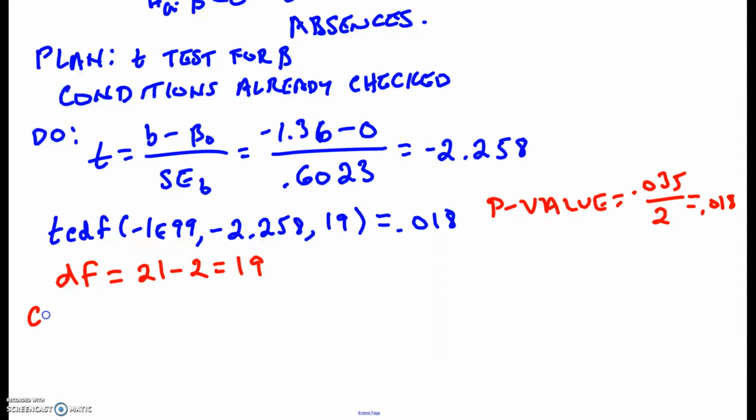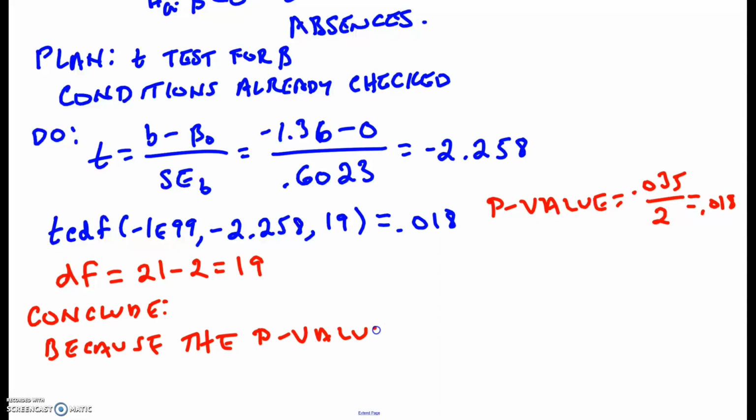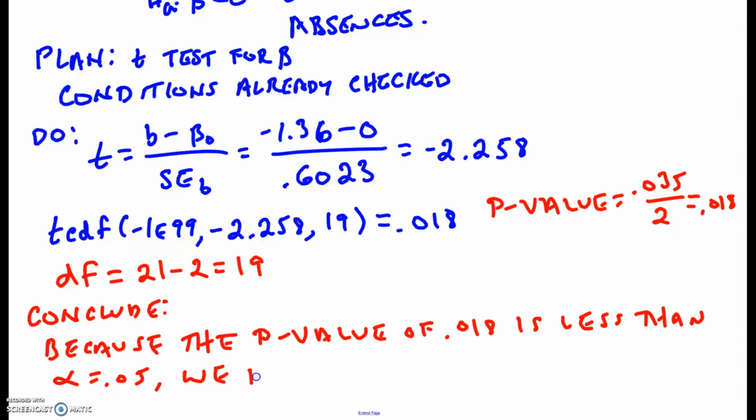All right. And then finally, our conclusion then. Because the p-value of 0.018 is less than alpha equals 0.05, we reject the null hypothesis.